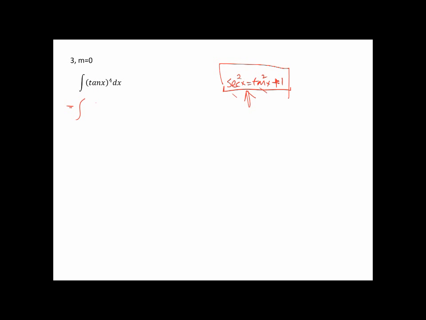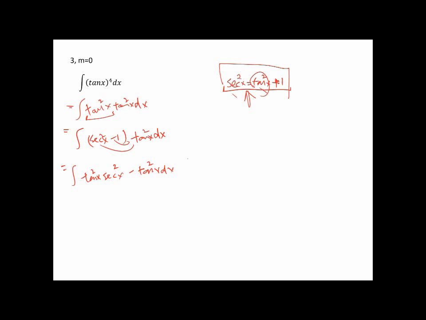In this case, tangent to the first, I rewrite it into tangent x squared times tangent squared dx. Since I find tangent squared, I can use this formula: secant x squared minus 1, times tangent x squared dx. I distribute it in: tangent x squared secant x squared minus tangent x squared dx.